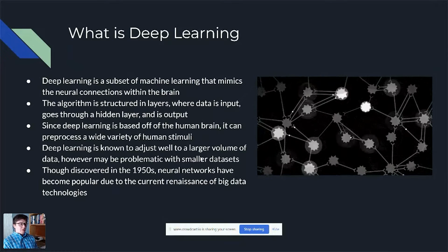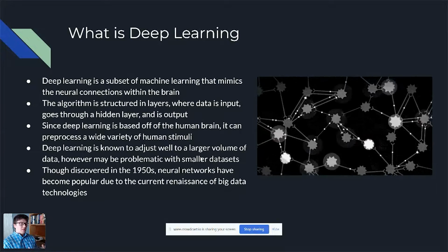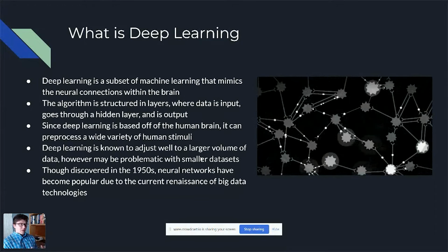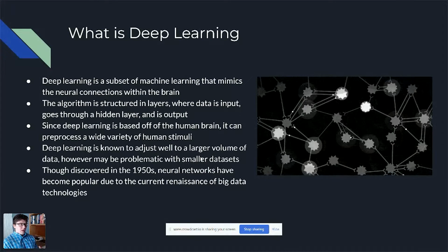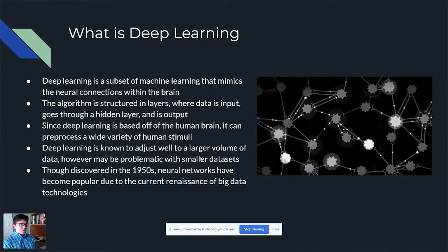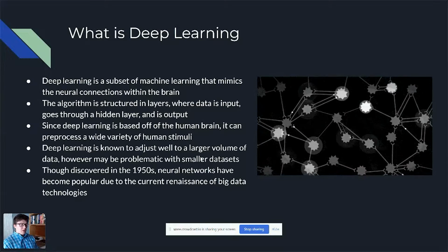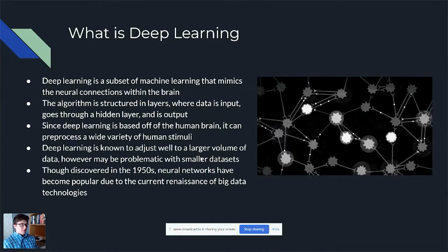Because of that, we've essentially realized the maximum potential of neural networks. That's why they're seen as the future of machine learning right now, because as big data technologies advance, so will neural networks.